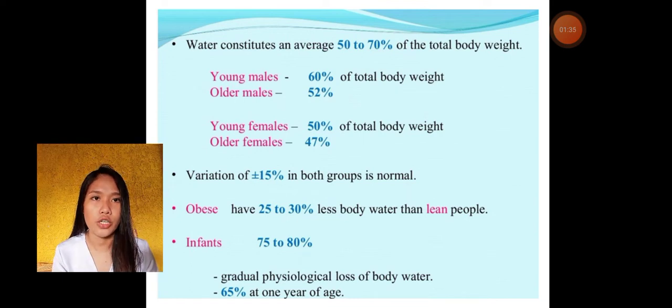A variation of plus or minus 15% in both groups is normal. Obese people have 20 to 30% less body water than lean people. Infants have 75 to 80%. With gradual physiological loss of body water, it becomes 65% at 1 year of age.